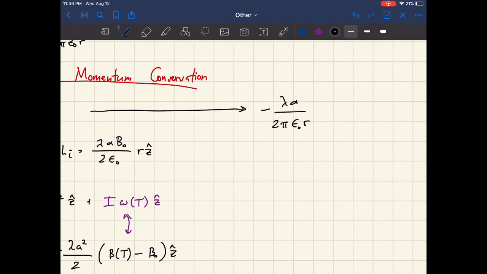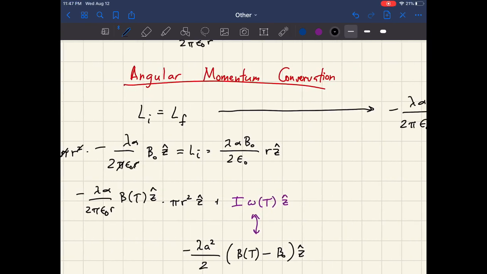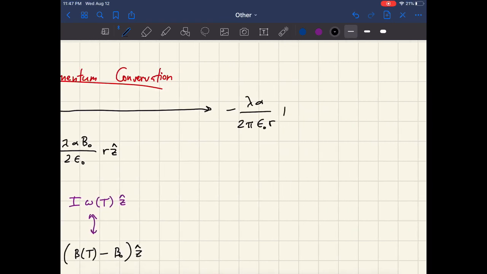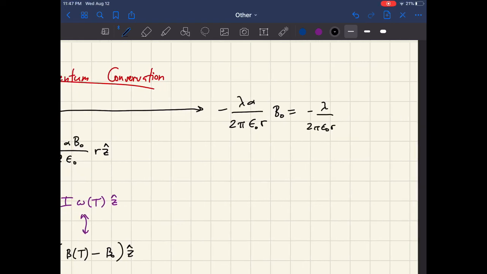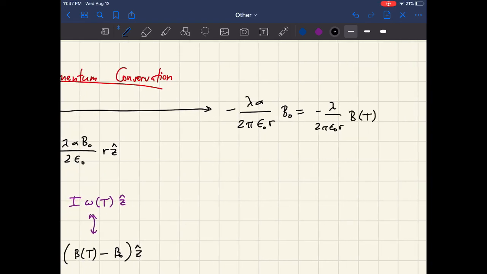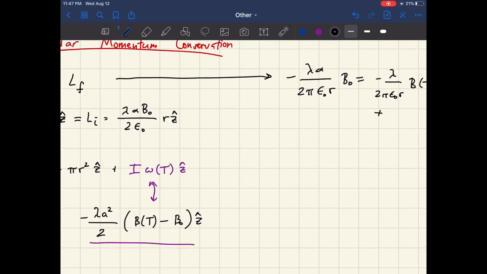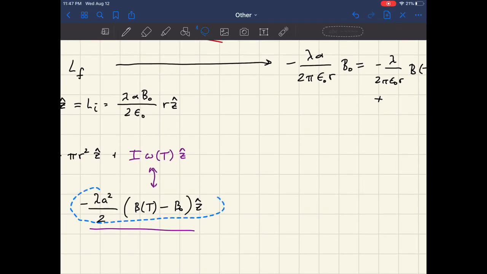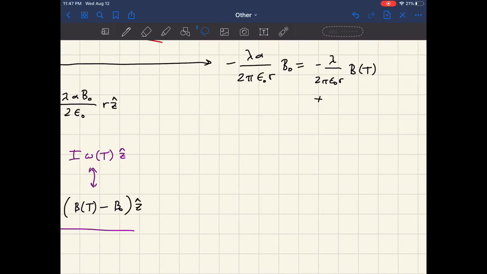And this is all z hat, so I'm just going to ignore the z hat so we can find the quantity. So B naught equals negative lambda over 2 pi epsilon naught r, B of t, then plus this one. I'm going to grab this one and put it over here.